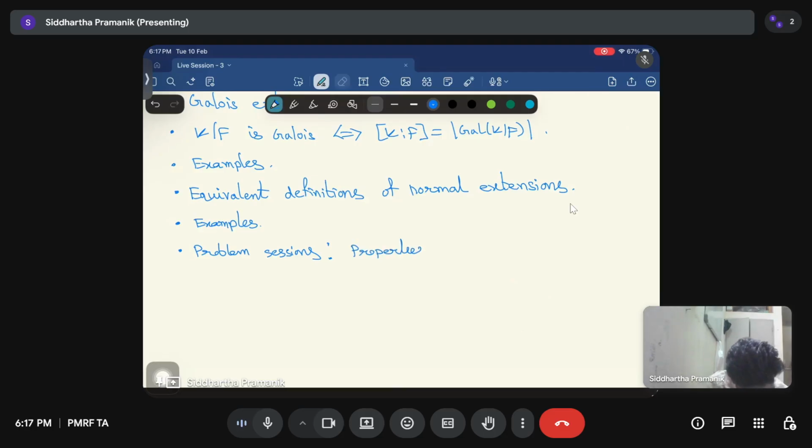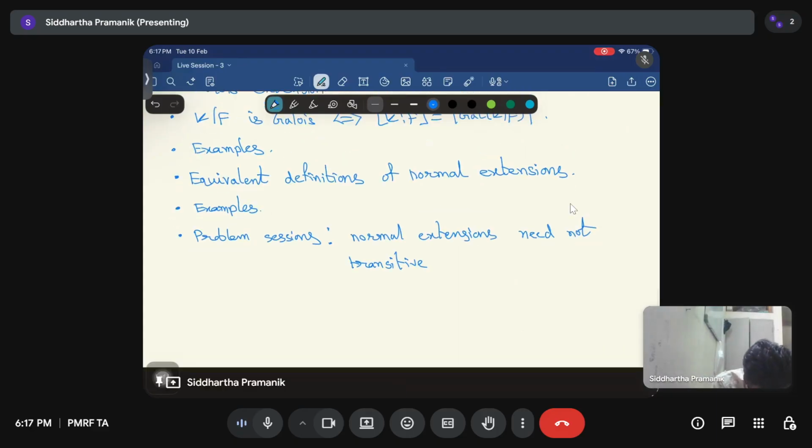Okay, let me not write as properties. So normal extensions need not be transitive. And what about the normality of intermediate fields? That is also we have seen.